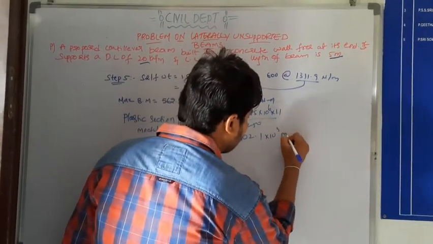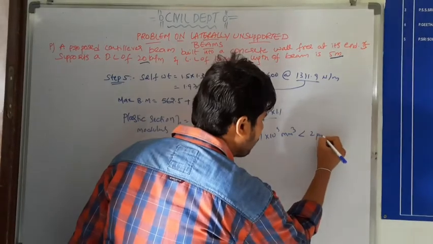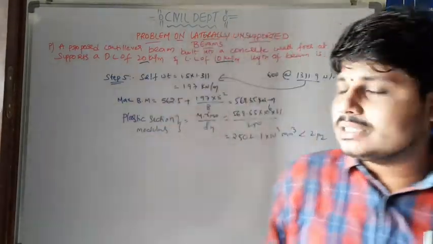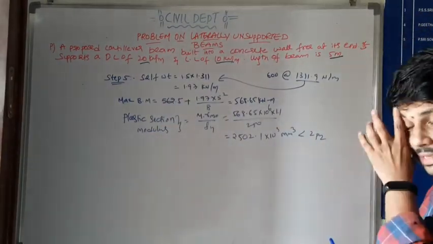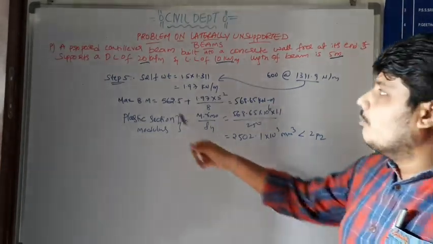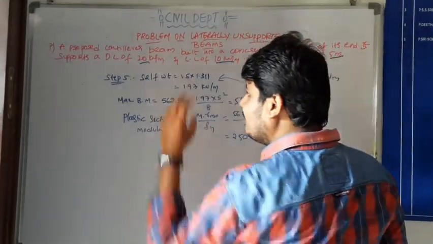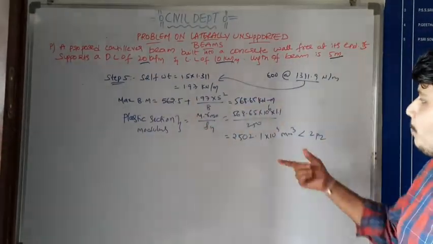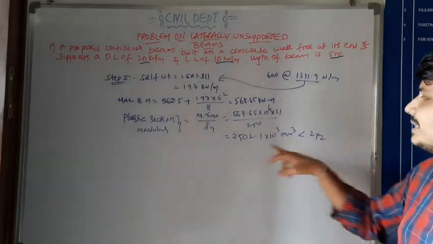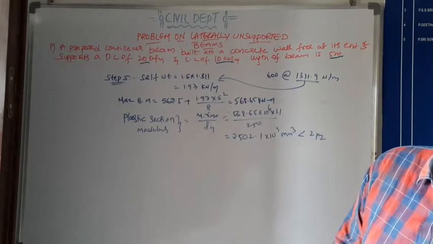into 10 cube mm. This is the check we should do, which should be less than ZPZ. This is the check we should do in step 5 for laterally unsupported: is the section suitable or not? The value must be less than the ZPZ which we have taken.